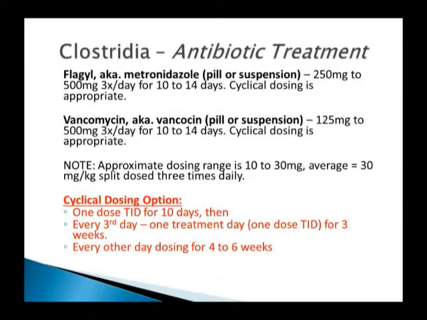There's another protocol where you just do an every other day dose of vancomycin or Flagyl for 4 to 6 weeks. I've not personally done that. I've tended to do 1 dose 3 times a day of either vancomycin or Flagyl for 10 days, and then every 3rd day do a treatment day. So that would be 1 dose 3 times a day on that day, every 3rd day for 3 weeks.